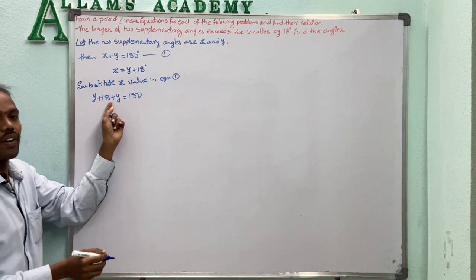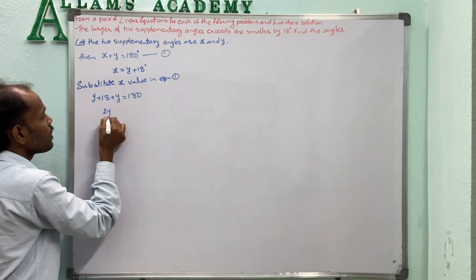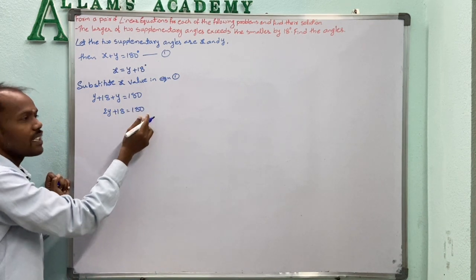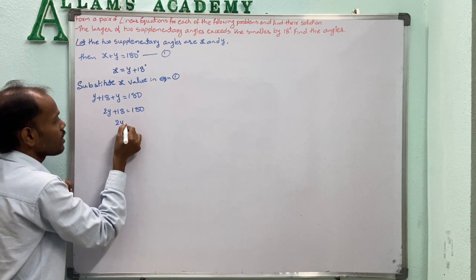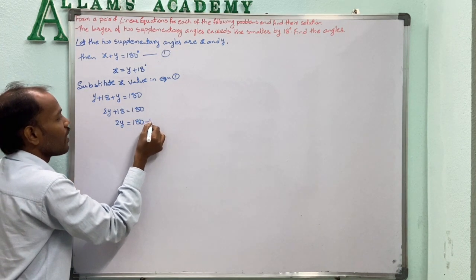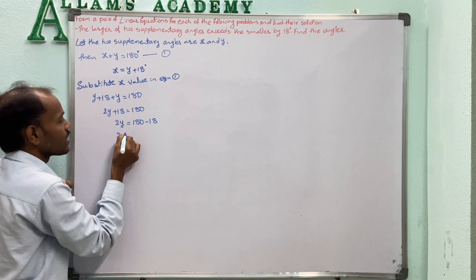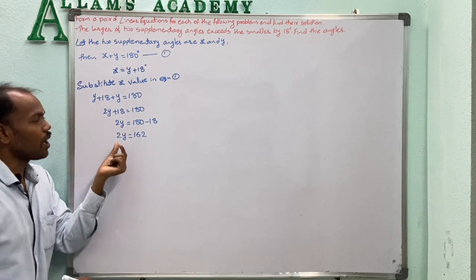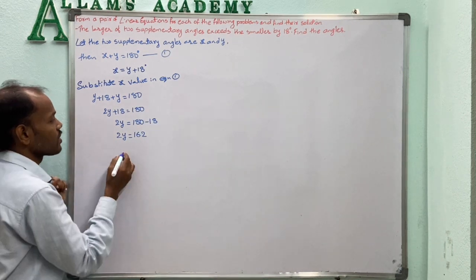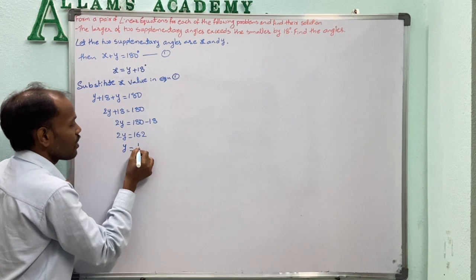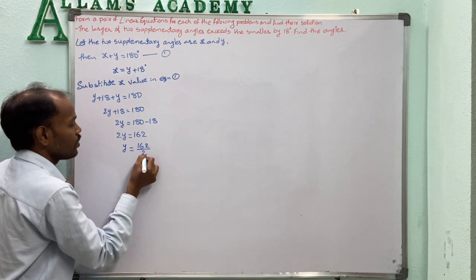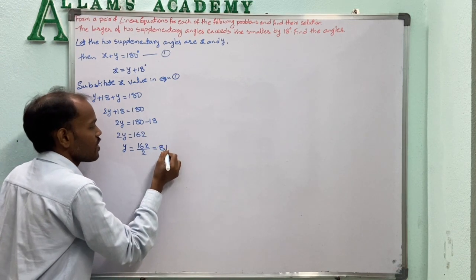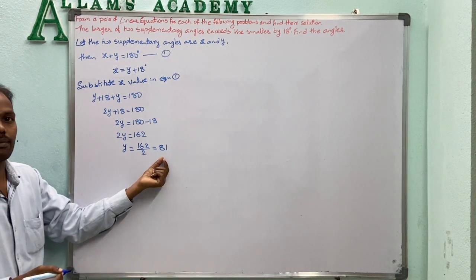In the place of x, writing y plus 18, we get y plus 18 plus y equal to 180. y plus y equals 2y, 2y plus 18 equal to 180. Now plus 18 transfers to that side as minus 18. 180 minus 18 is 162. Now the multiplication by 2 transfers to that side as division, 162 by 2, which is 81.